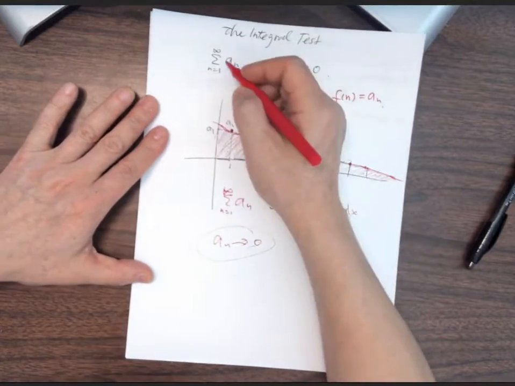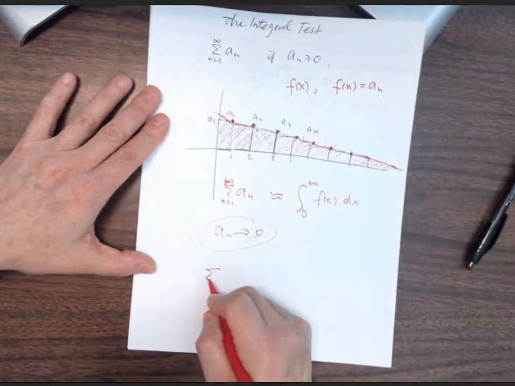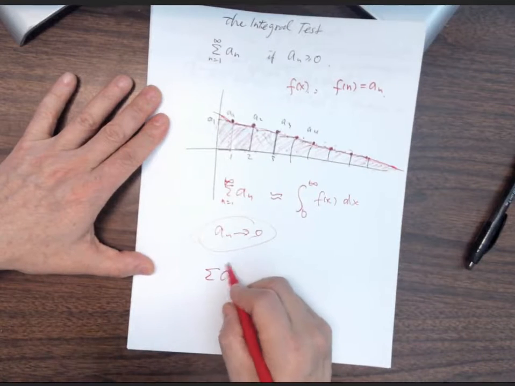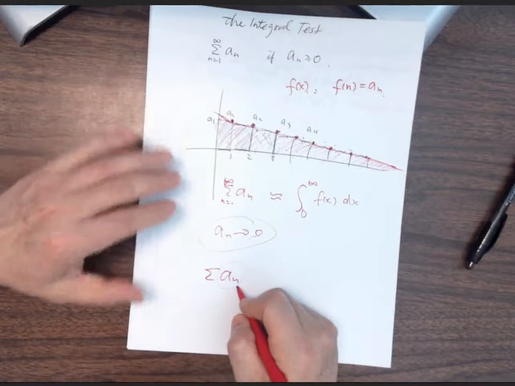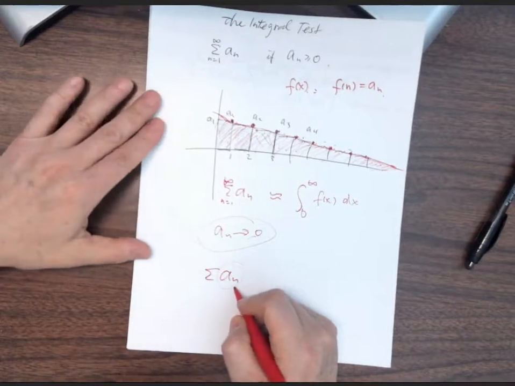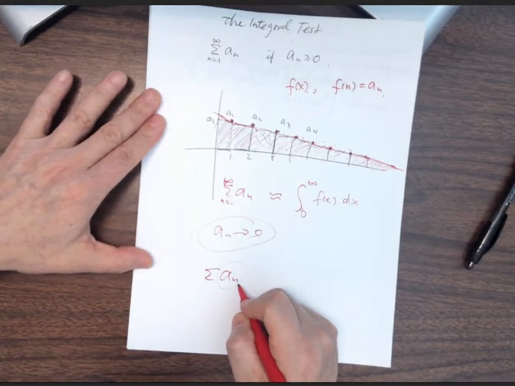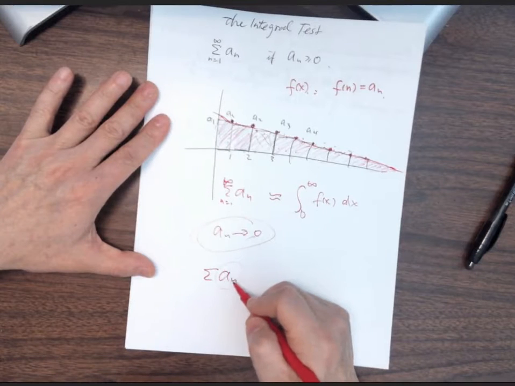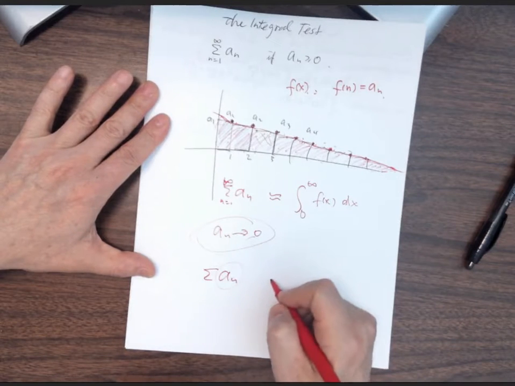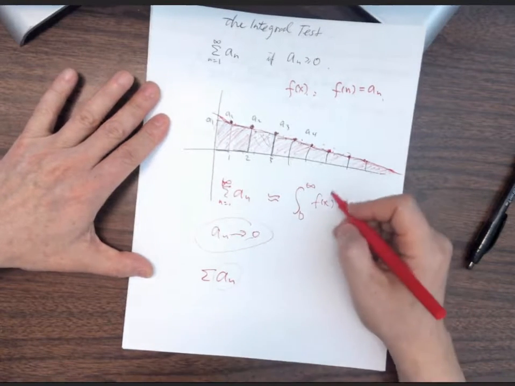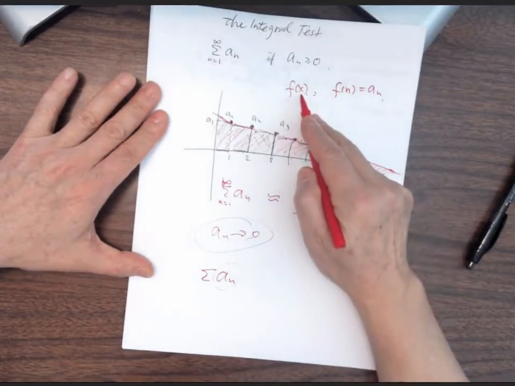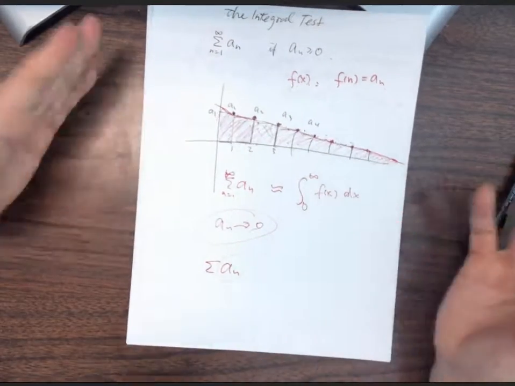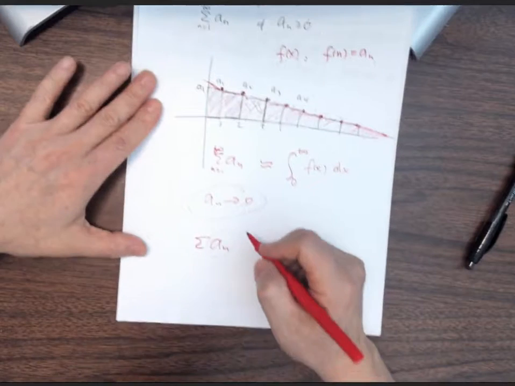But basically, given any infinite series with a general term a sub n, that's some expression in n, what we can do is replace the n by x. Then we come up with our function. That's how we come up with our function. There are other ways to do it, but this is the easiest way.